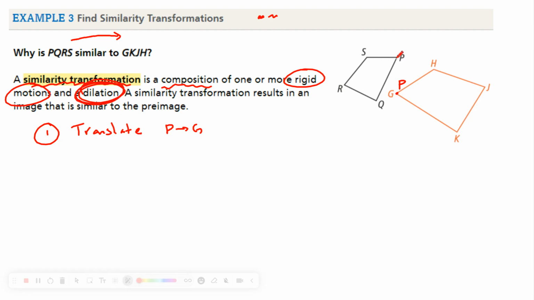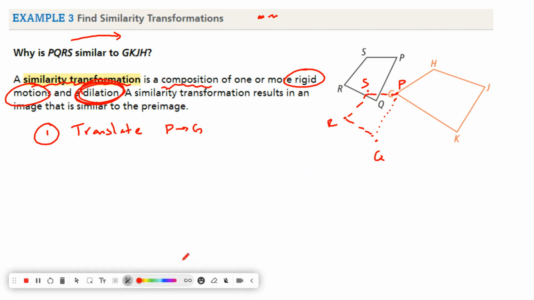P goes straight down, Q goes straight down, R goes straight down, S goes straight down. Again, we do our best to keep this the same, and I'll use dotted. Okay, there we go.